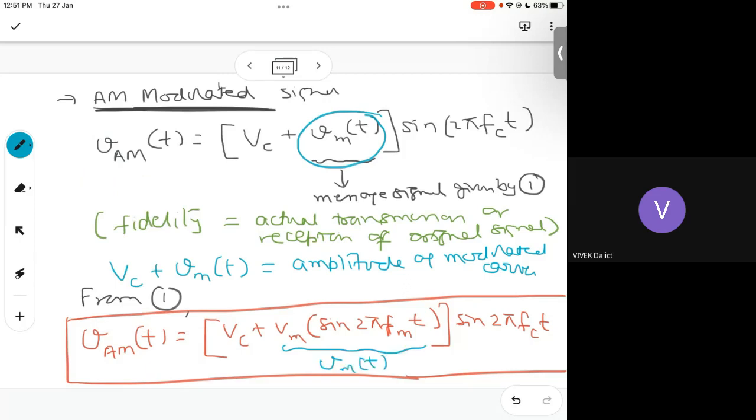So I am not playing with the frequency or the phase part. It remains as it is. I am playing only the amplitude part of the carrier, which has now been modified from VC to VC plus VM sine 2 pi FMT. And please note the difference between the small letters and capital letters. I could have given you the notes from the book, or I could have asked you to refer to the book, but they don't stretch such things.